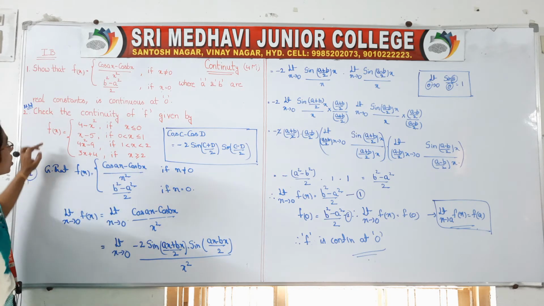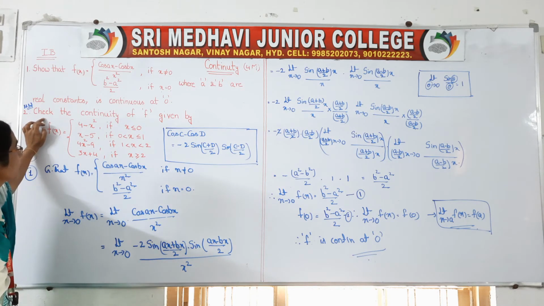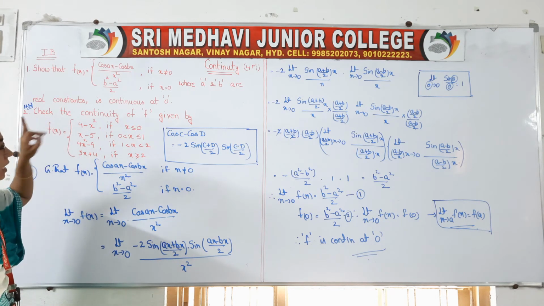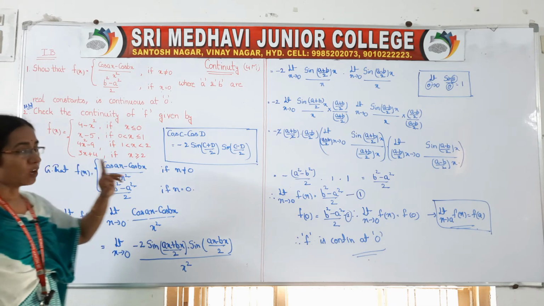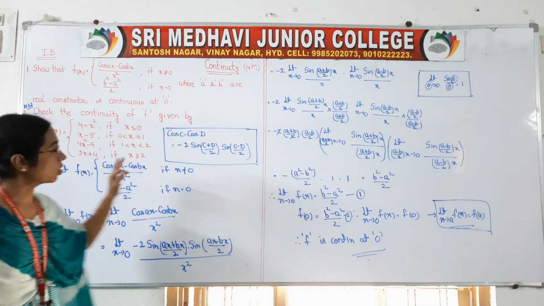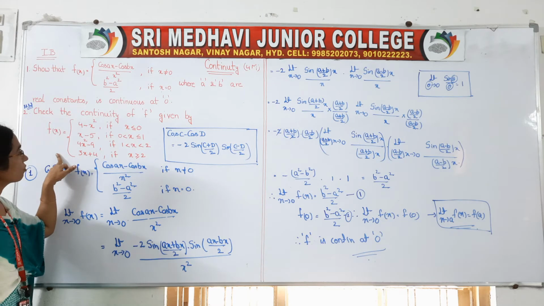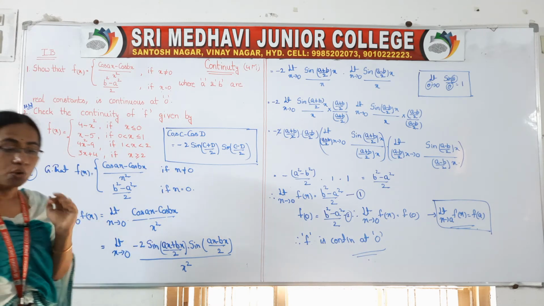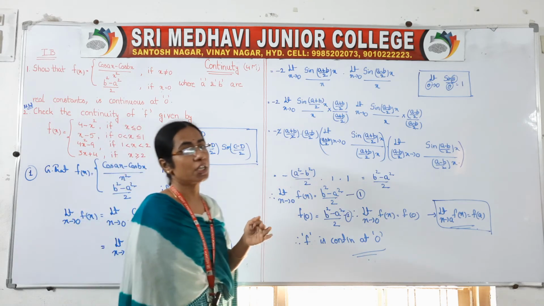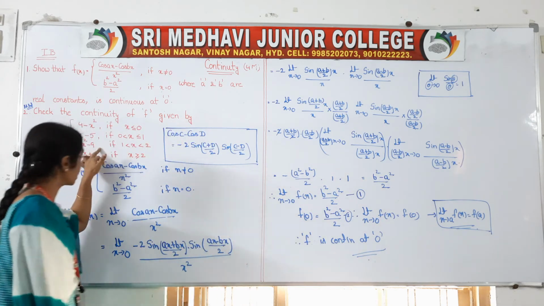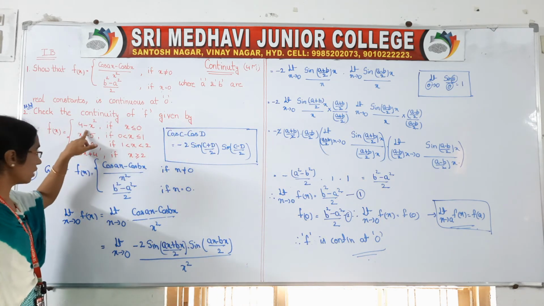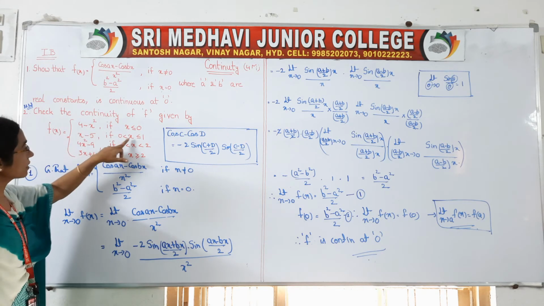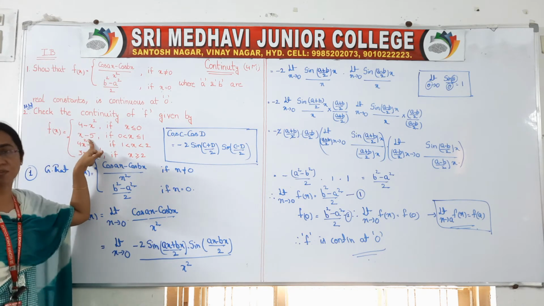So, you have to check the continuity of f given by this one at 0, 1 and 2. Very simple. If you observe the question, for x less than 0, the function is defined like this, and for x greater than 0, it is defined like this.